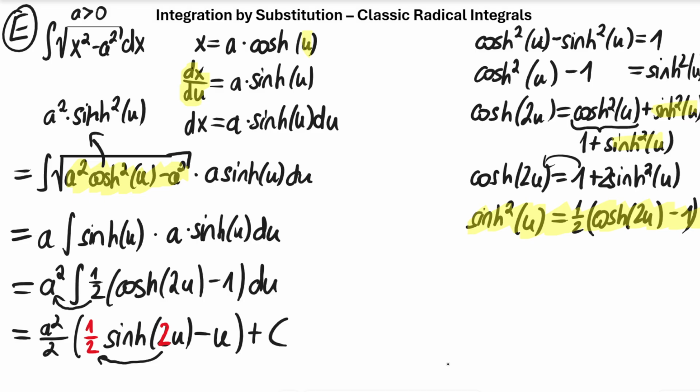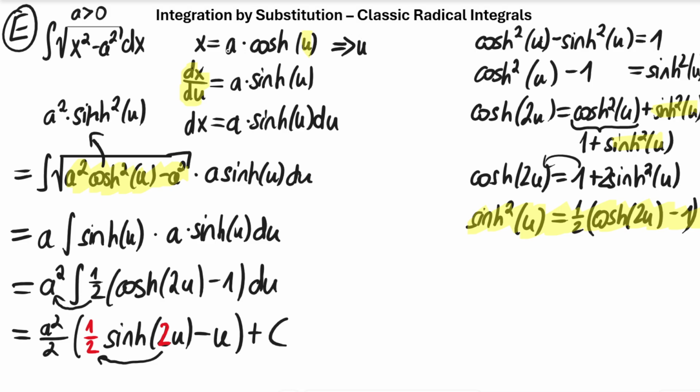Fine. This is an indefinite integral, and we want the result in x. So what do you have to do actually? You must express the u from this substitution here. So what is the u now?